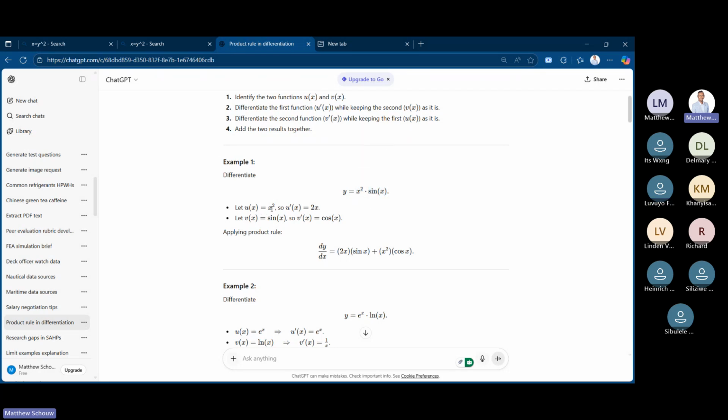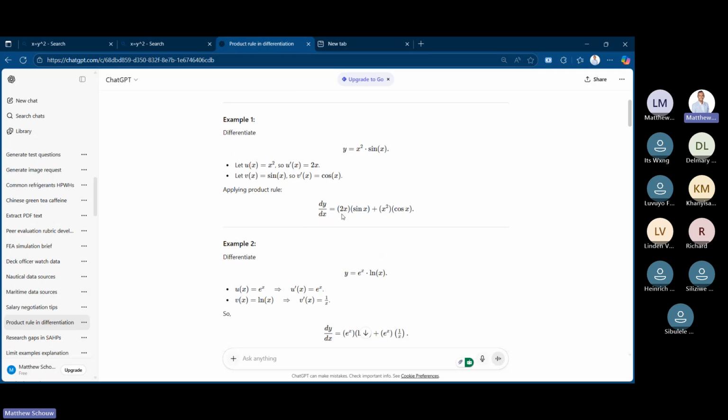So the first, x squared, has derivative 2x. Sine x has derivative cos x. You apply the product rule: keep that one, the derivative of the first one, plus the second, plus that. And obviously you can simplify this, but that's that.